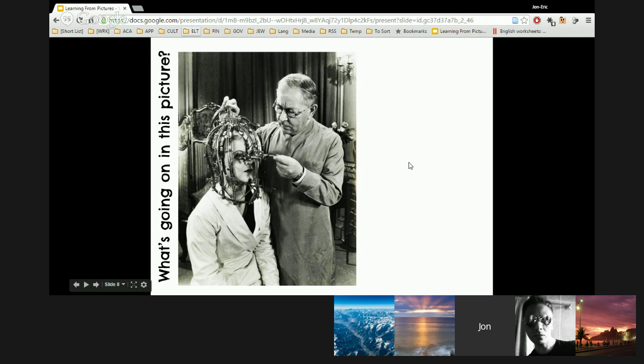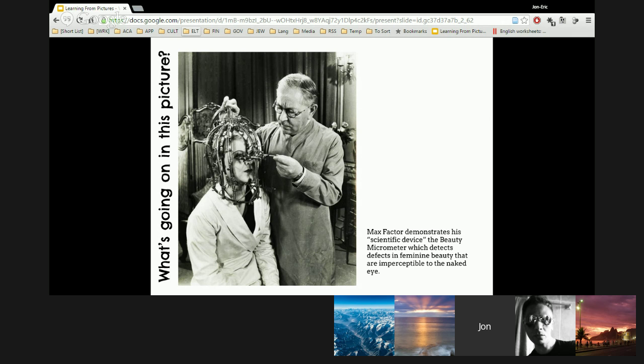Let's find out. Giancarlo, can you read the caption? Yes. Max Factor demonstrates his scientific device, the Beauty Micrometer, which detects defects in feminine beauty that are imperceptible to the naked eye.